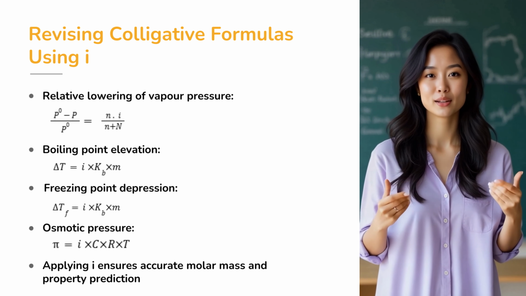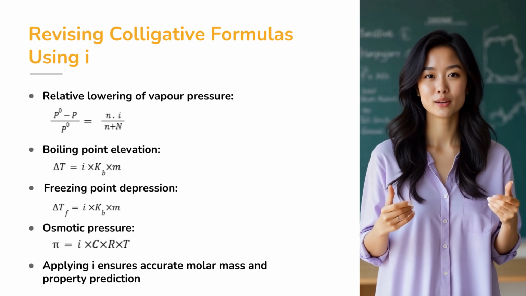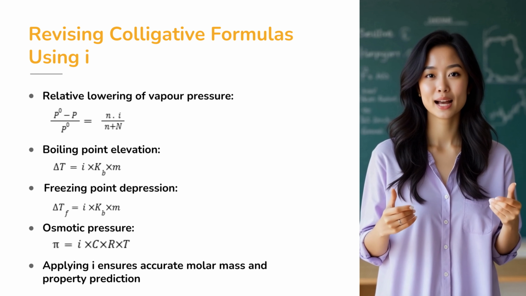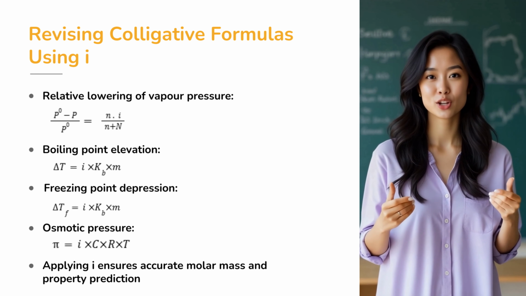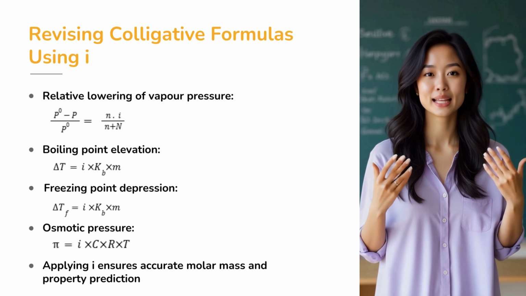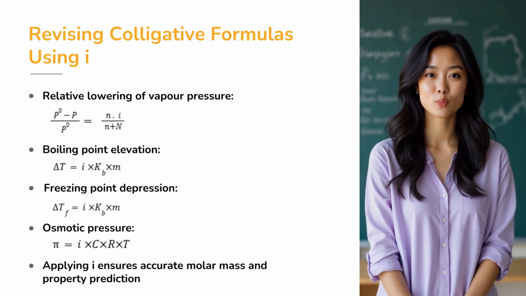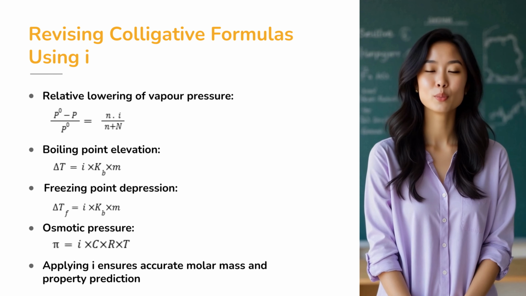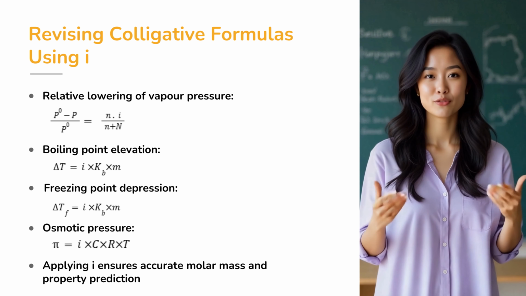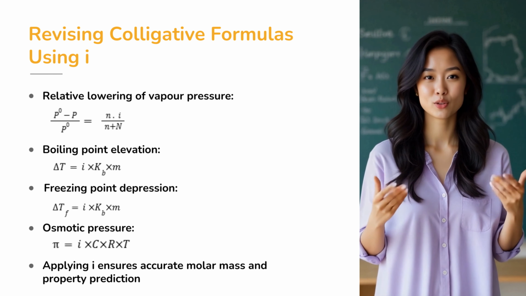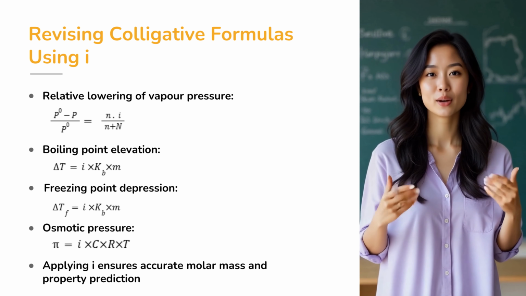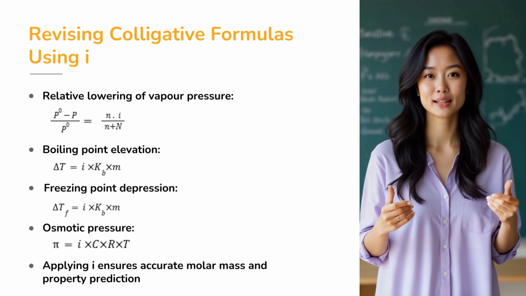To correct this, we include the Van 't Hoff factor, denoted as i, in the standard equations. It adjusts the calculated property based on the actual number of particles in solution. Using i, we correct all colligative property formulas. Relative lowering of vapor pressure, (P0 − P)/P0 equals i times n over (N plus n).